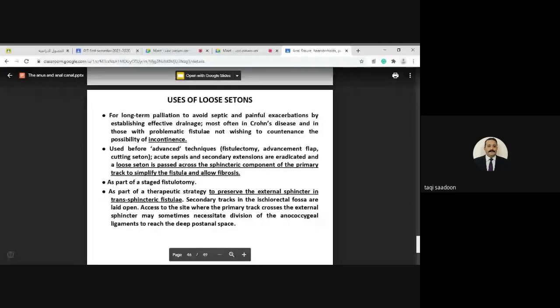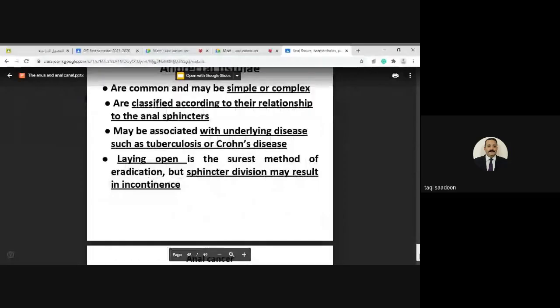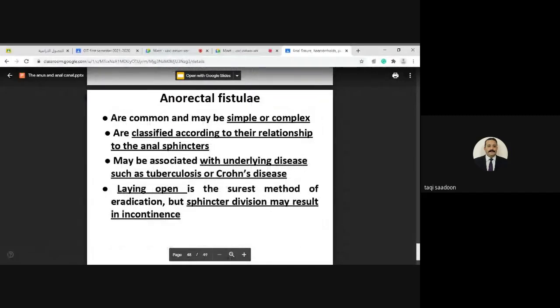So anorectal fistulas are common and may be simple or complex, may be classified according to their relationship to the anal sphincter, and may have an underlying disease such as tuberculosis or Crohn's disease. This is very important.